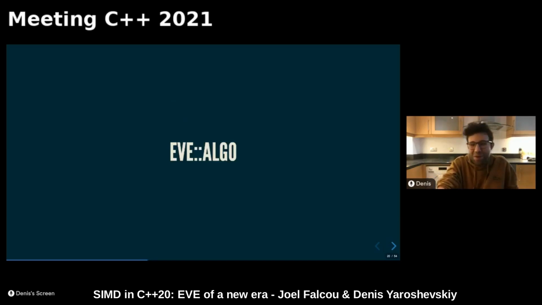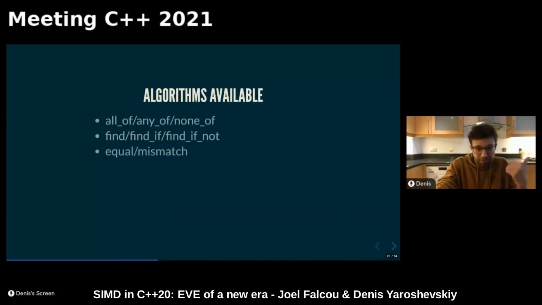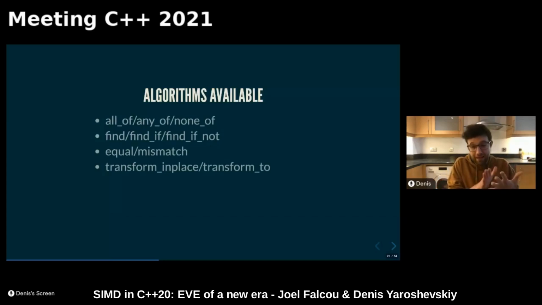At the time of creating the slide deck, these are the algorithms we had, right? We had all_of, any_of, none_of, all kinds of find, equal, mismatch, transform in place, transform to. So if you look at the standard, we only have transform that accepts an output iterator, right?